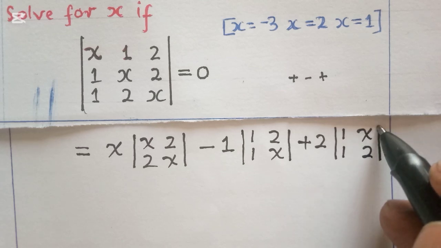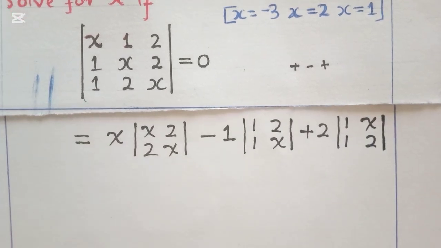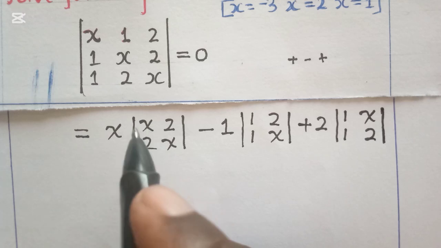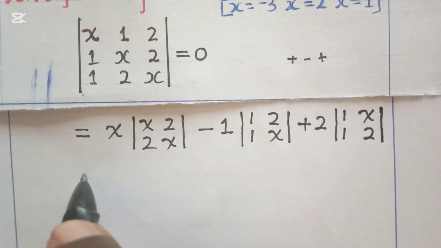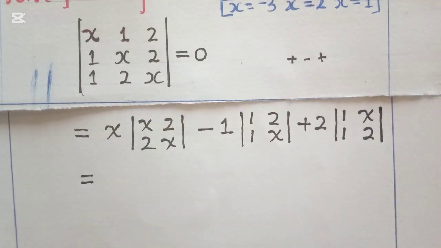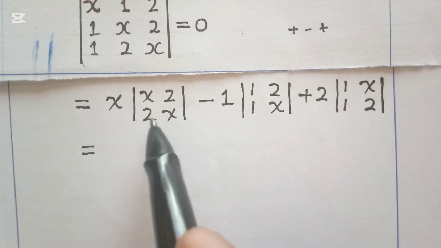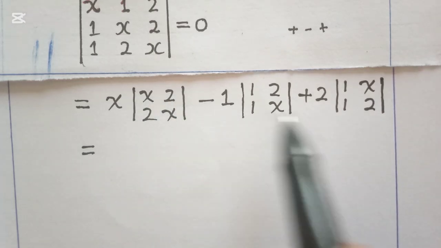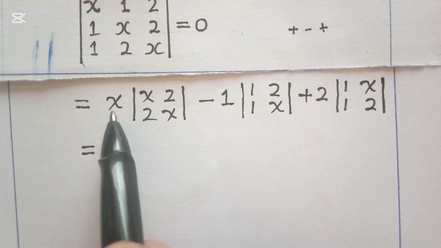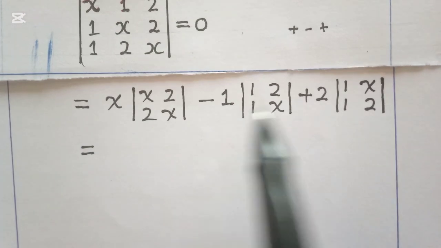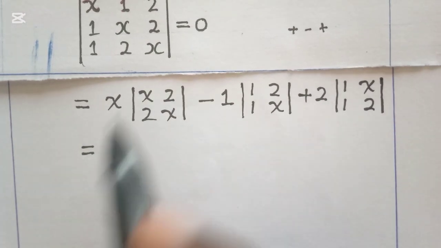So now guys, we find the magnitude of that. We come and find the determinant of each of these matrices and multiply by x for this one, negative 1 for this one, and positive 2 for this one.